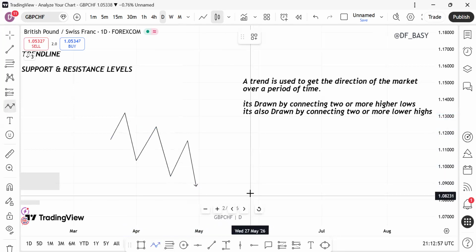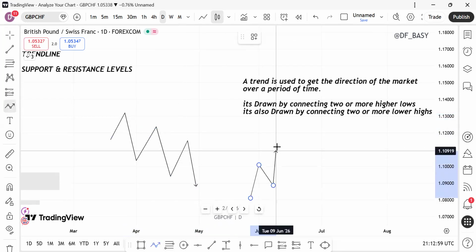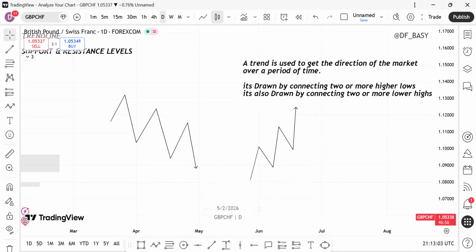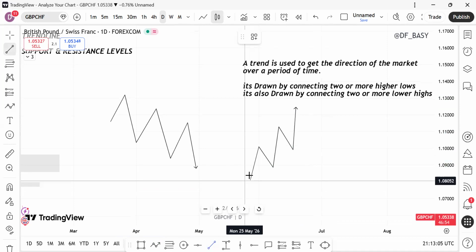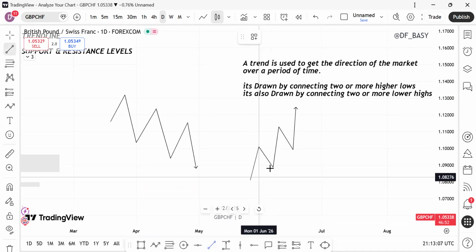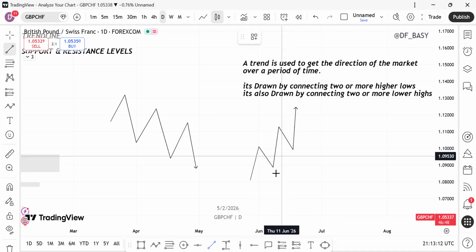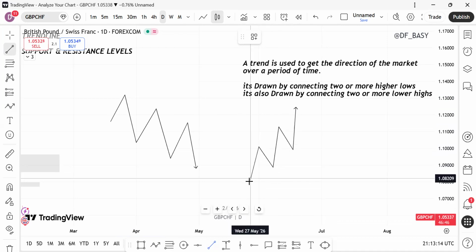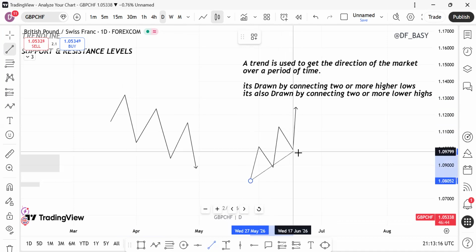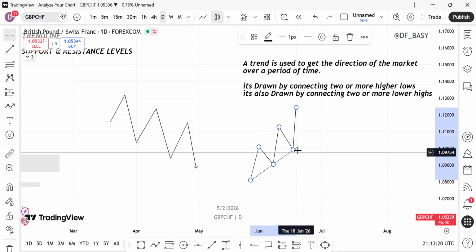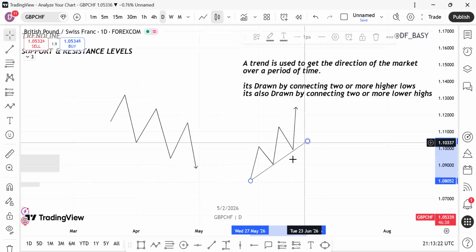And this is an uptrend. So now I want to use your trend line tool. It connects these lower highs. So in an uptrend, it connects the lows, the higher lows.